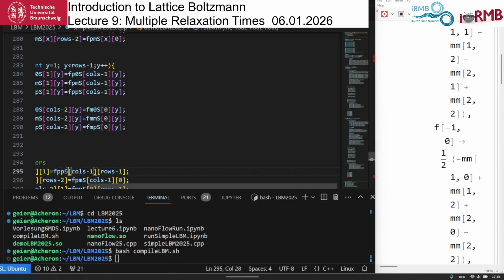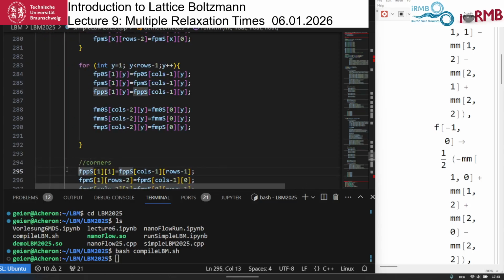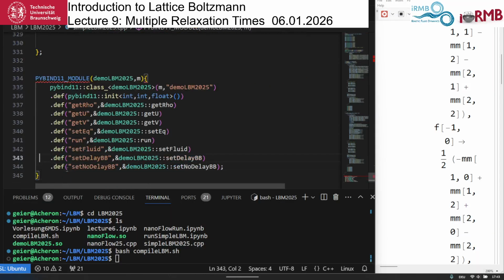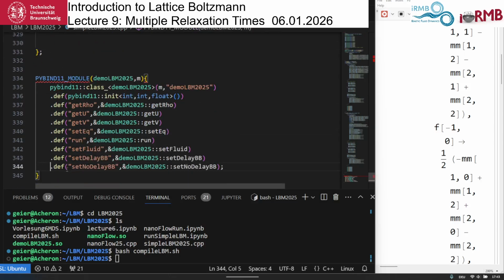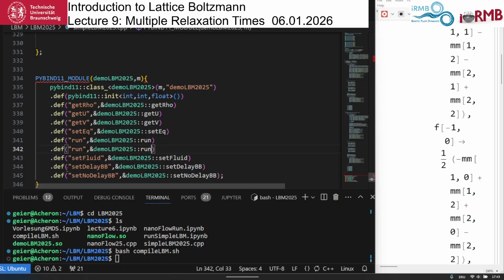Now we introduced a new function in here. So what we have to do is, why is this underlined? Okay, we have to watch out. So save.